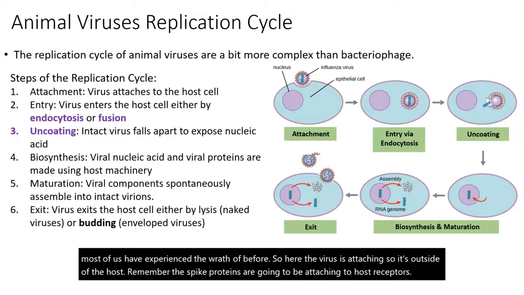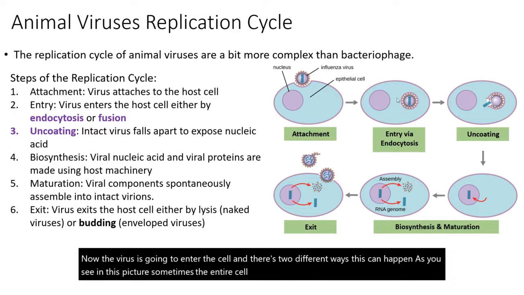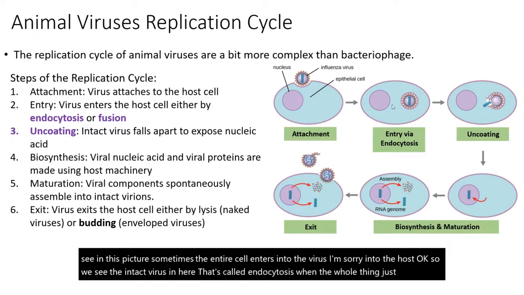Now the virus is going to enter the cell. And there's two different ways this can happen. As you see in this picture, sometimes the entire virus enters into the host, okay? So we see the intact virus in here. That's called endocytosis, when the whole thing just gets taken into the cell.